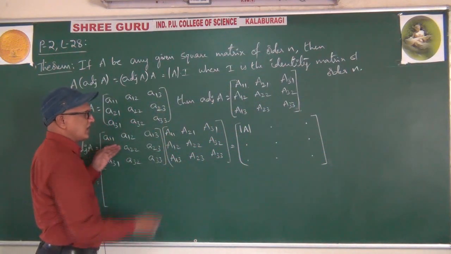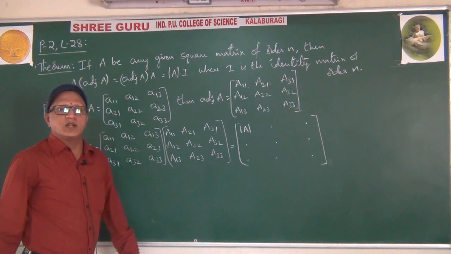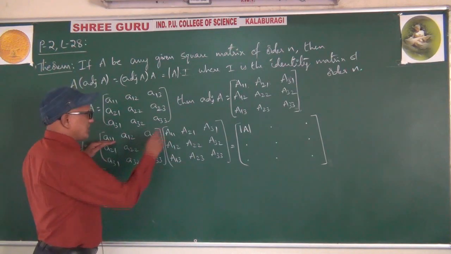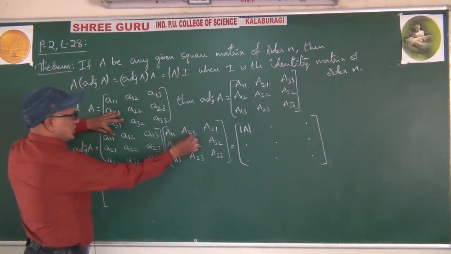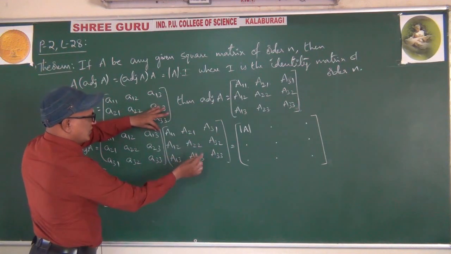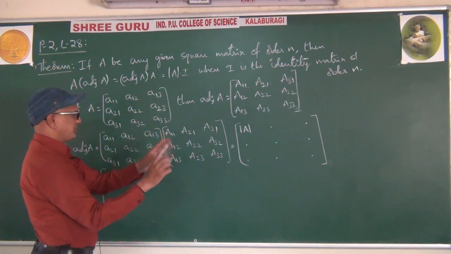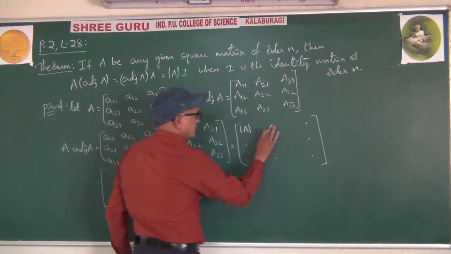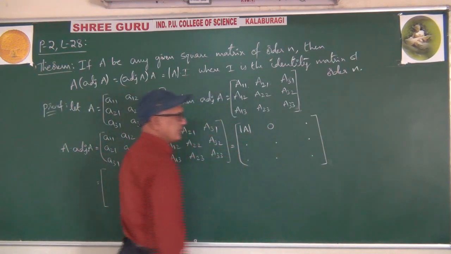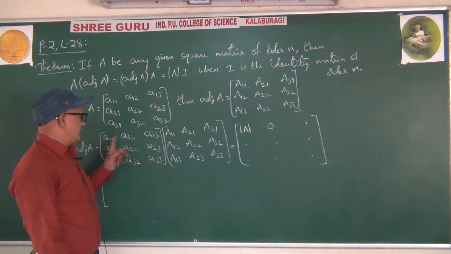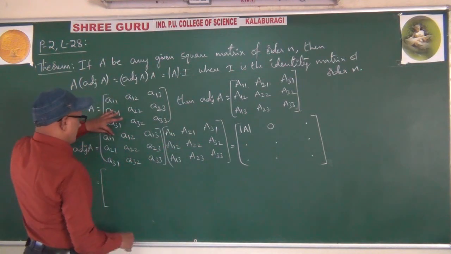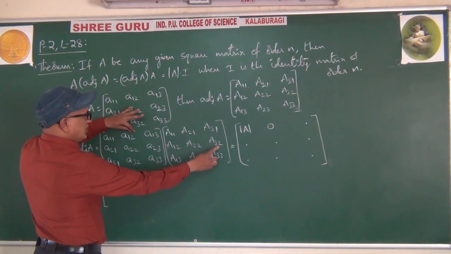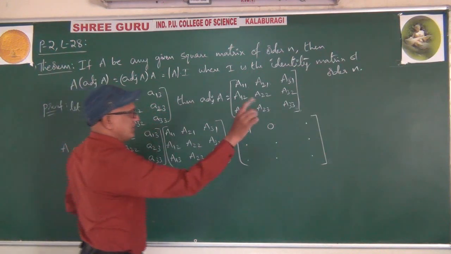So first row, first column, if you multiply, we get determinant A. First row, second column: 1, 1, 2, 1, 1, 2, 2, 2, 1, 3, 2, 3, which gives 0. First row, last column: 1, 1, 3, 1, 1, 2, 3, 2, 1, 3, 3, 3, which gives 0.